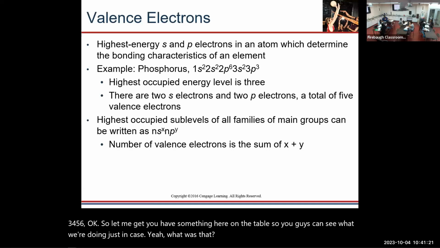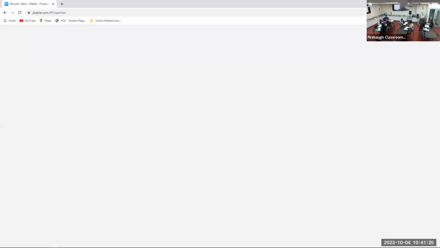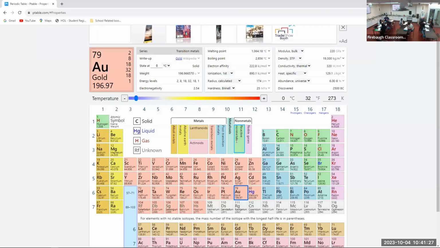Okay, so what we're going to be doing, we know where's the S? Which 2 groups represent the S? 1 and 2. Which groups represent the P? Okay, so we have tellurium.